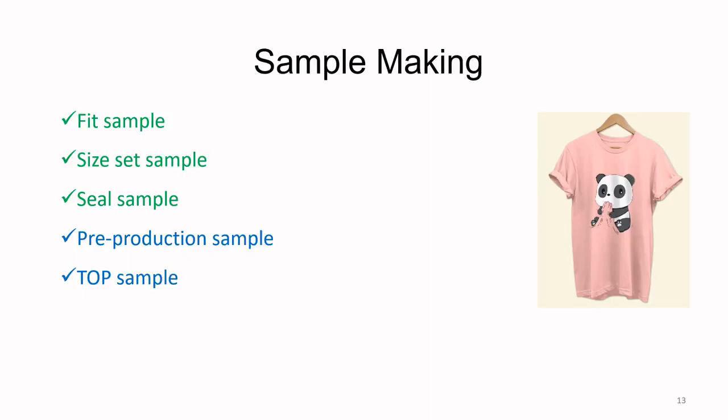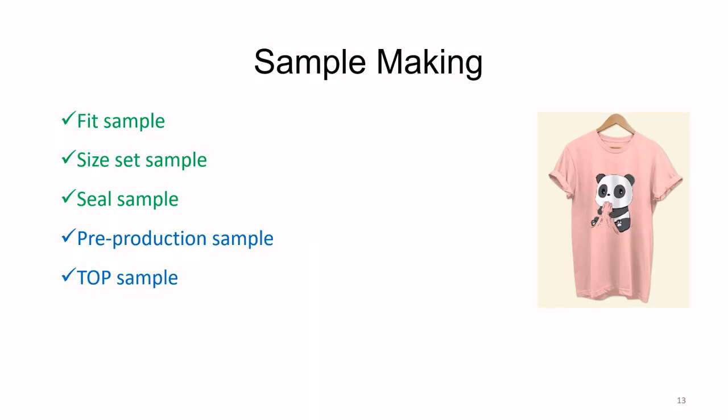So first one is sample making. We have the fit sample for the purpose of evaluating the patterns for the first size, the medium size. Then the size set sample, that is to evaluate whether the patterns are correct for all the sizes. Then the seal sample.